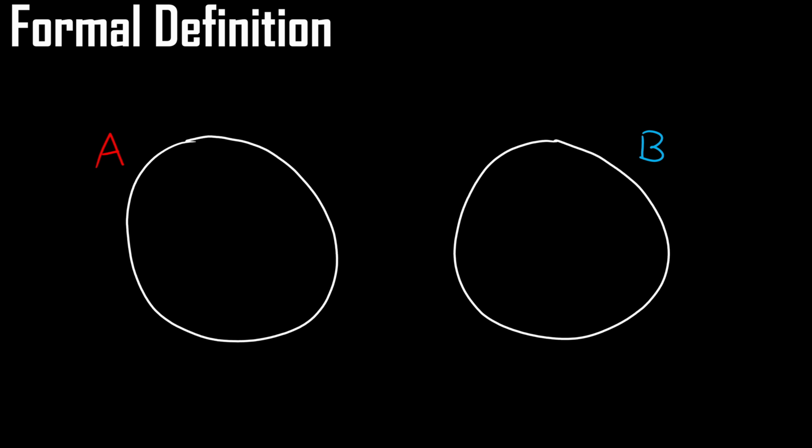Now let's define a function more formally. A function f from set A to set B is a rule that assigns each element of A to exactly one element of B. We write this using function notation as f: A goes to B. Set A is called the domain.